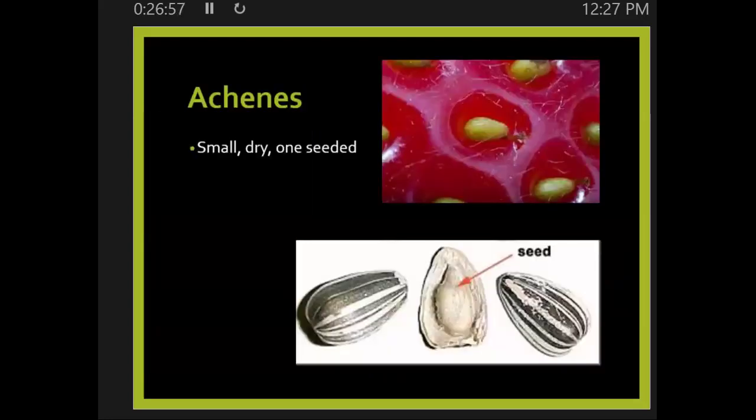Achenes are this idea where, when you look at the surface of a strawberry fruit, it's actually many fruits. The achenes are the fruit. So when you look at a strawberry, there are many dry fruits on that strawberry.